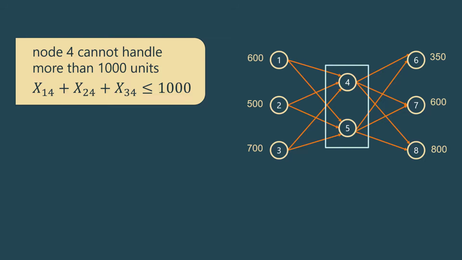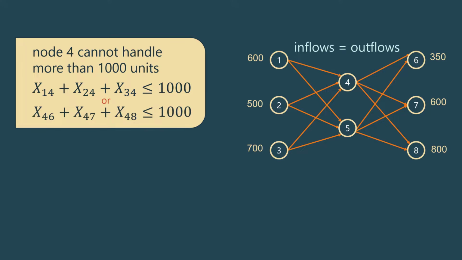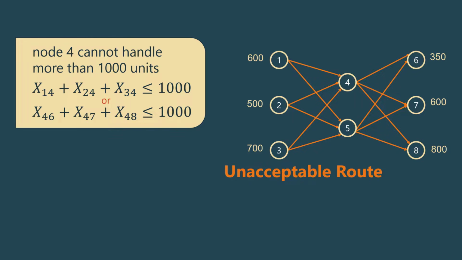Since for transshipment nodes, total inflows equal total outflows, then we could as well say that the total units leaving node 4 must be less than or equal to 1000 as well. Finally, suppose shipment is not permitted through certain routes, for example, from node 5 to node 8. We could omit the corresponding variable from the model or add a constraint that sets the variable to 0.